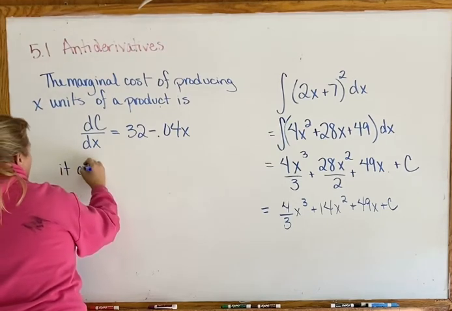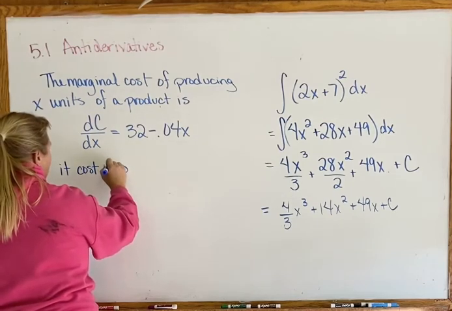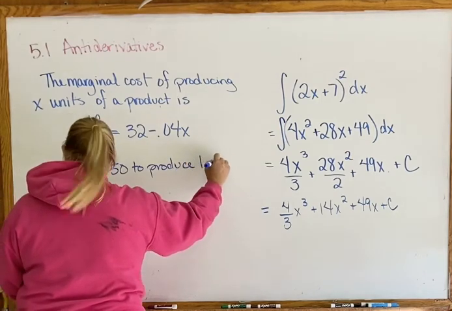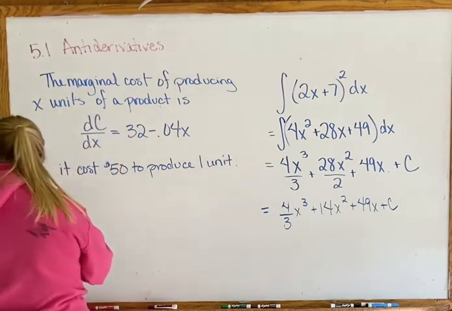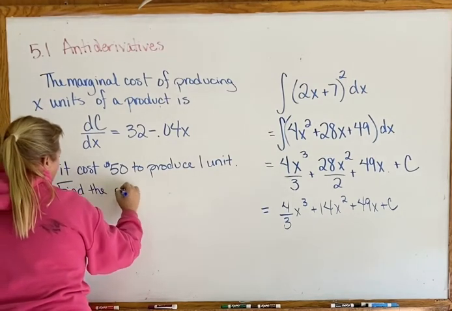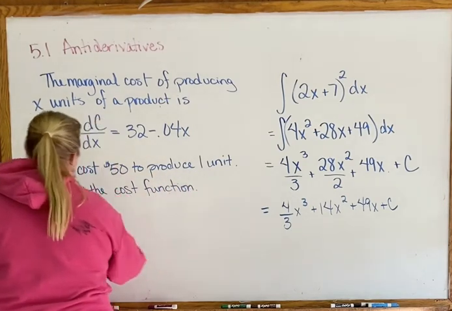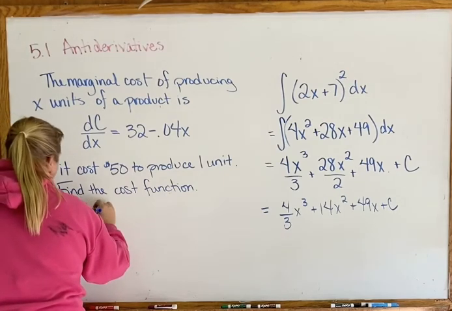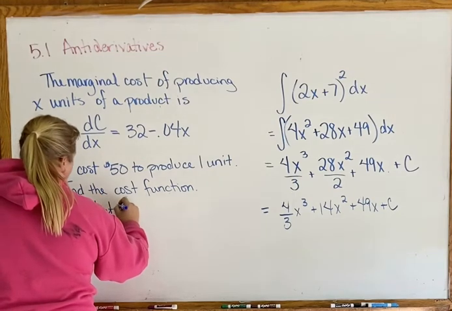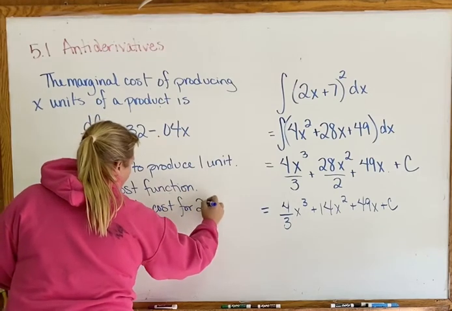It costs $50 to produce 1 unit. Find the cost function and what is the cost for 200 units.